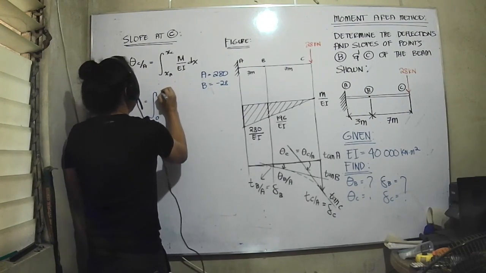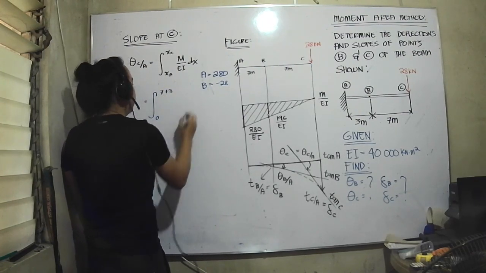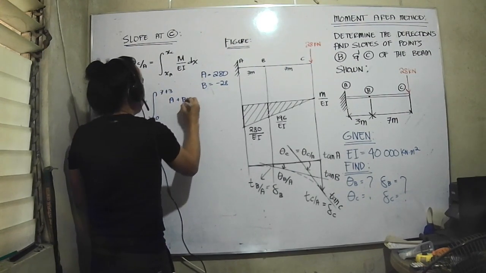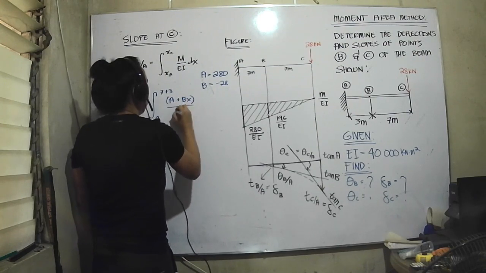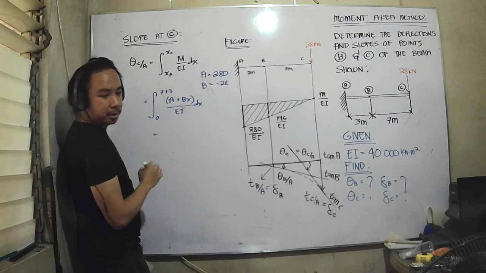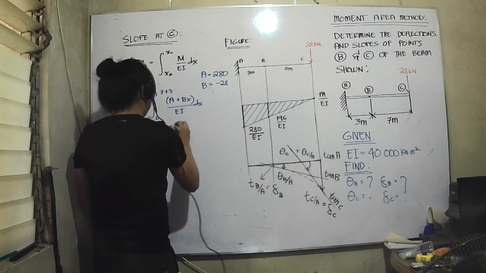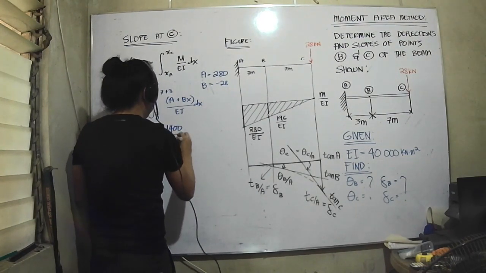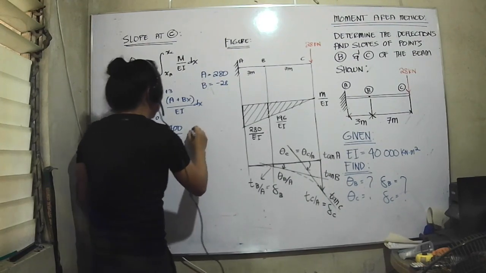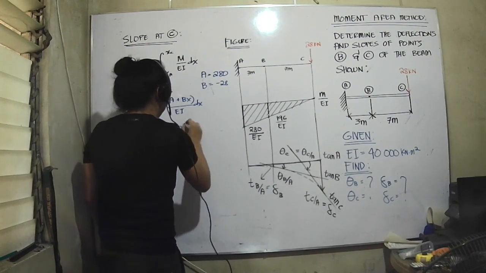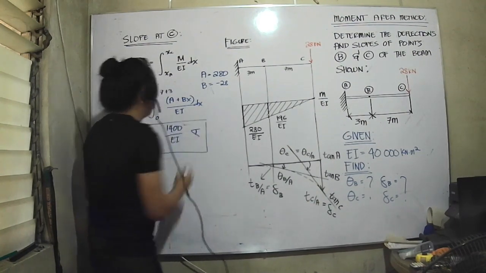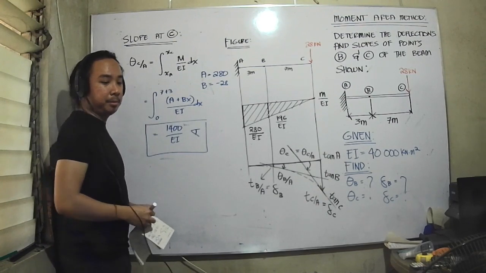A plus Bx. It will still yield the same result of 1,400 over EI. Same as the other one.